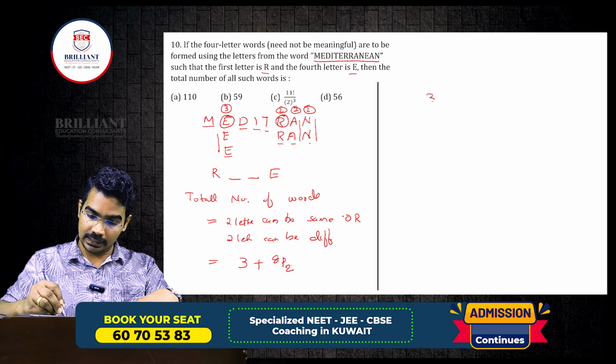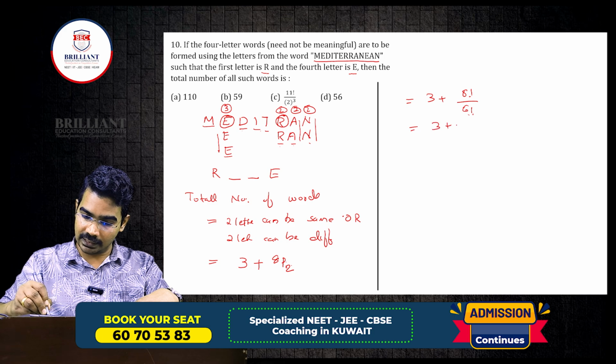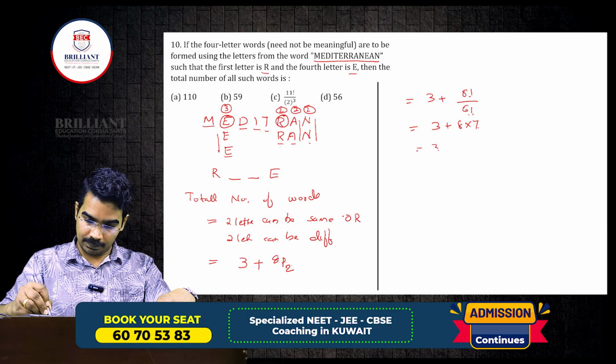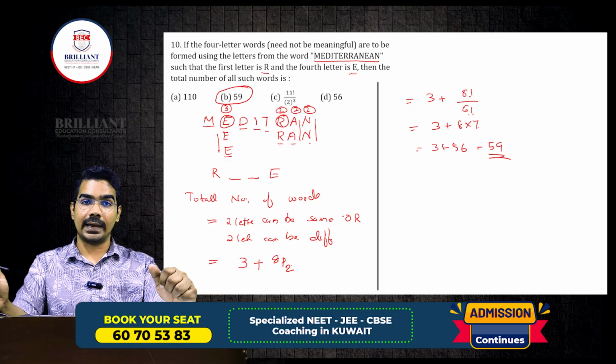This will be 3 plus 8 factorial by 8 minus 2 factorial, that is 6 factorial. That is equal to 3 plus 8 into 7, that is 3 plus 56, that is 59. So your option B is the right answer.